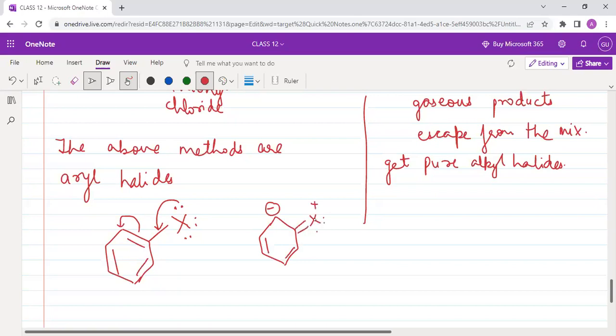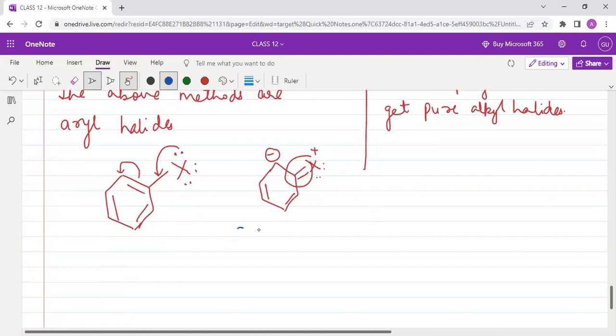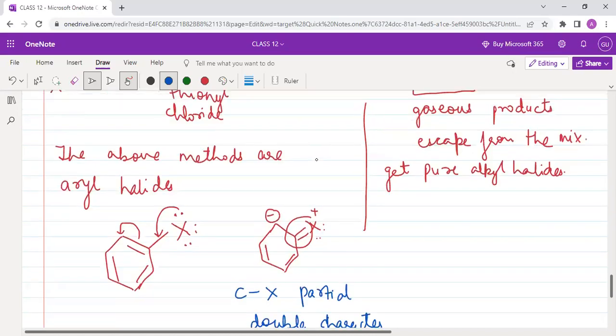So you can see that the carbon-halogen bond, the C-X bond, is having partial double bond character. So these methods are not applicable for aryl halides.